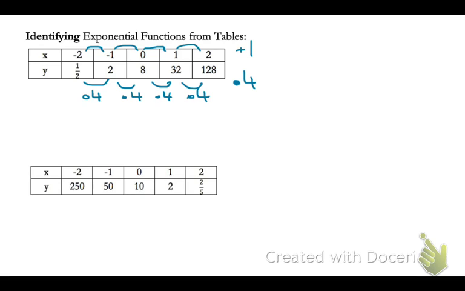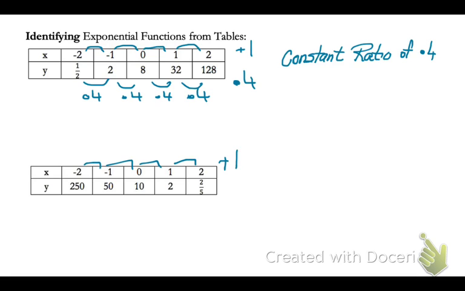So in this case, my y values are being multiplied by 4, so this is growth, and the constant ratio is times 4. On the second table, again, my x values are all going up by 1, but look, my y values are going down.